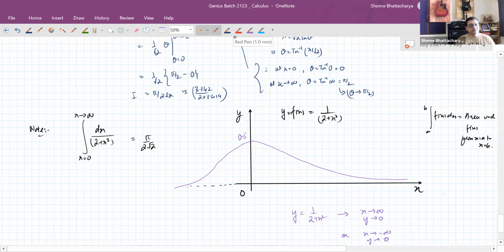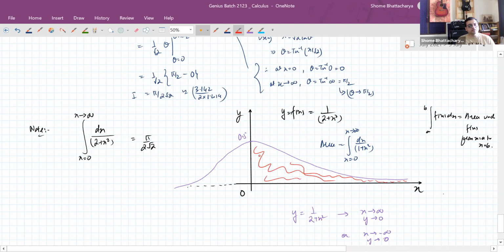Now the area that we are talking about, x equal to 0 to x tending to infinity, is interestingly this whole area going up to infinity.